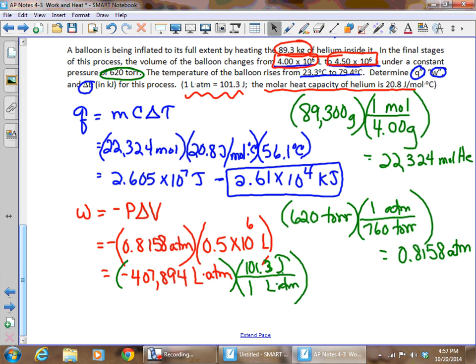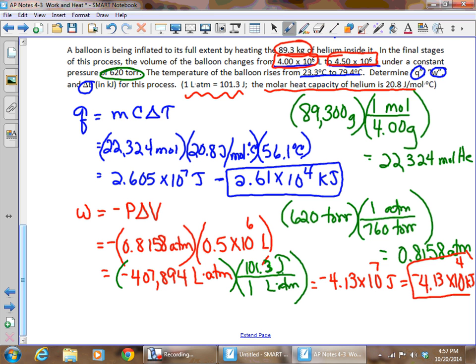That's going to give us a value of negative 4.13 times 10 to the 7th joules. But we want that to be in kilojoules, so negative 4.13 times 10 to the 4th kilojoules. So there's our work value in kilojoules.